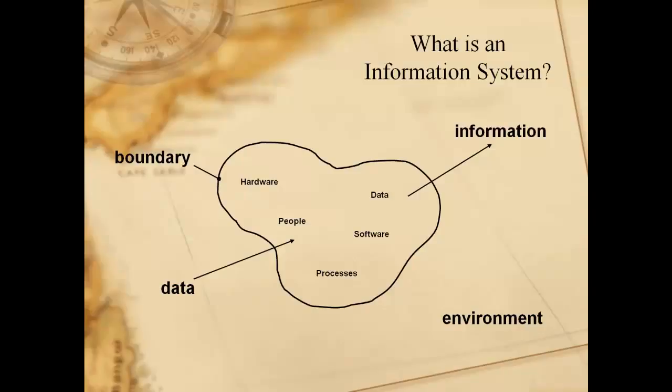The lab procedures and processes will involve stepping through how to convert that data into information. And the people are you working in the lab. Sometimes it's a group of people working with the software and hardware to convert that data to information. So that's what an information system is. It's the same as a system. You can just be more specific about what the components, inputs, and outputs are.